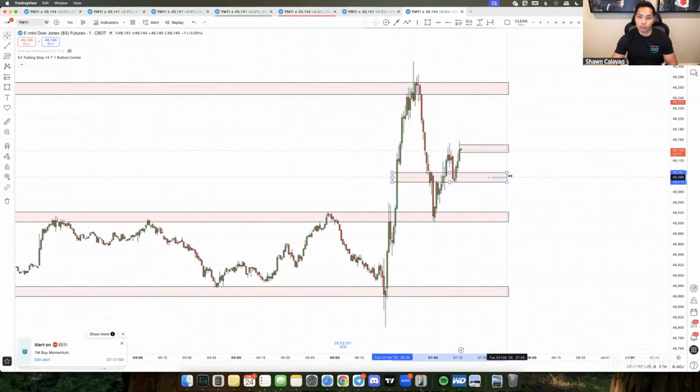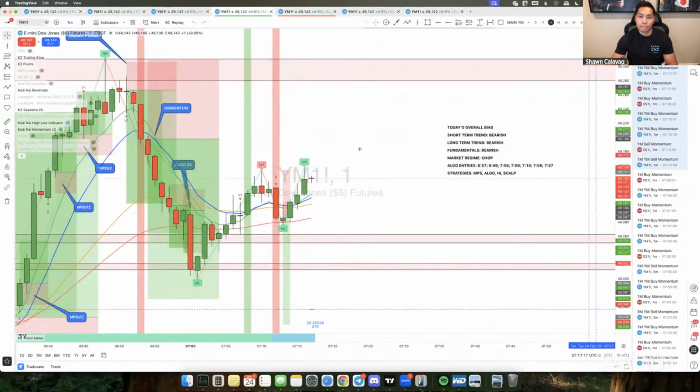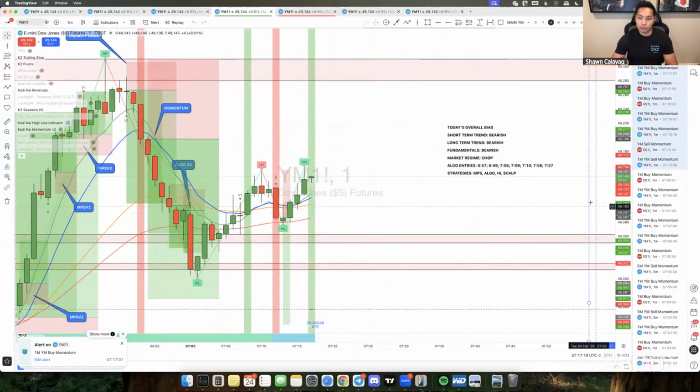We got a chop right here in between. We got the big range, and then we got the smaller chop right here, in this area. I don't have any algo entries until later today, until like 7:57.